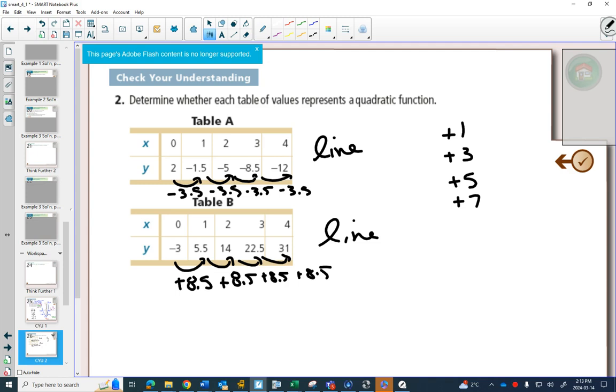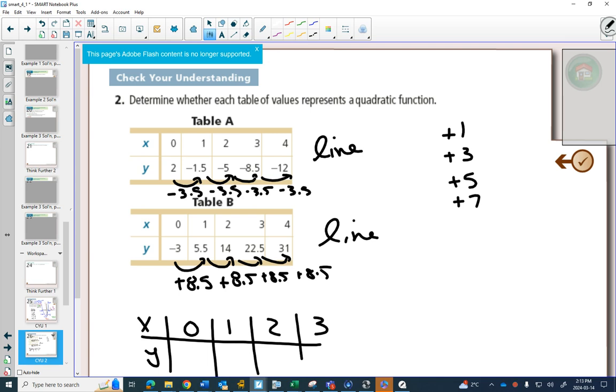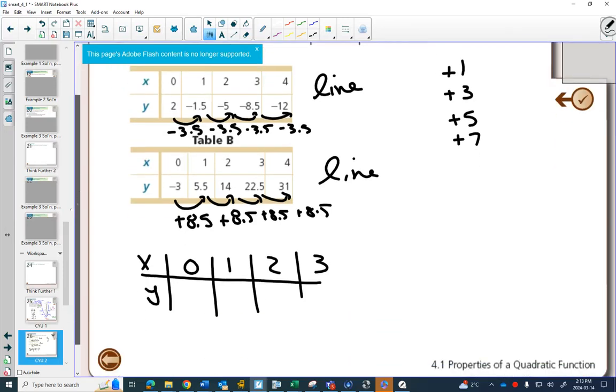Should I make a third table that actually works? Yeah. Let's go 0, 1, 2, 3. I'll make it a little bit tricky.